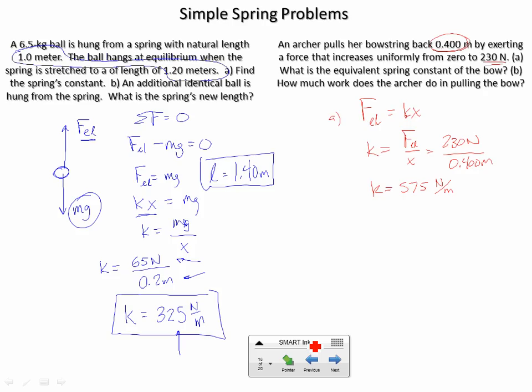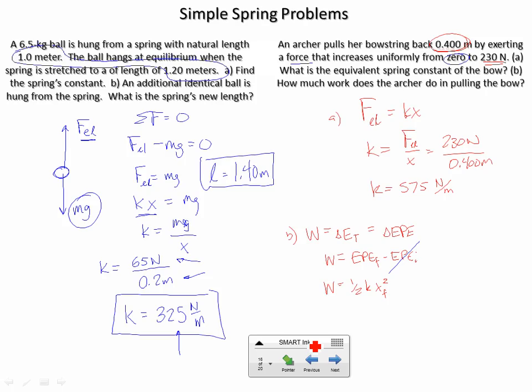How much work does the archer do in pulling the bow? Well, like we said before, work is change in total energy. In this case, the only kind of energy that changes is EPE. So work is EPE final minus EPE initial. In the beginning, the force is 0, which means it's not stretched at all, which means that term goes away. So work is 1/2 K X final squared.